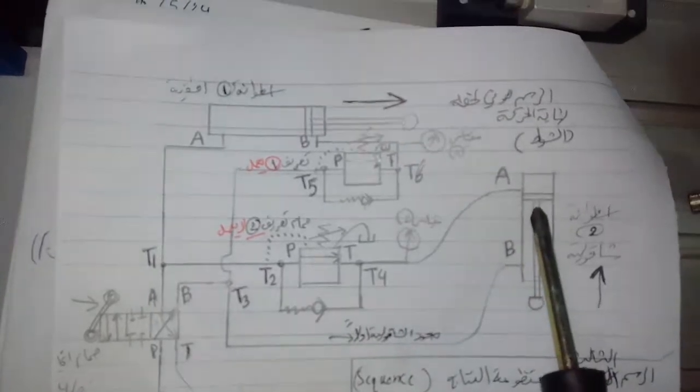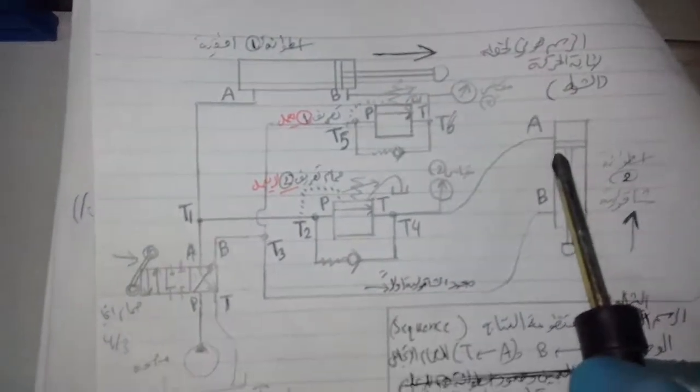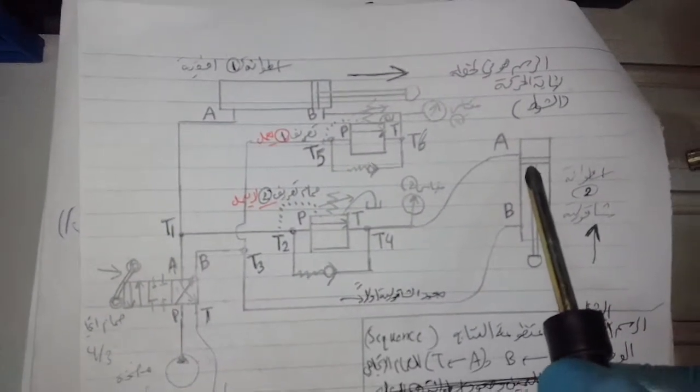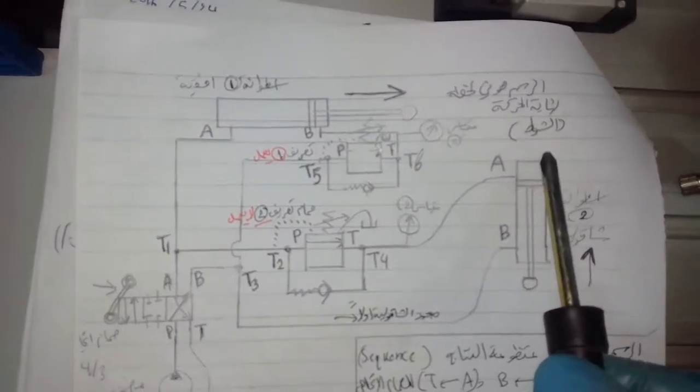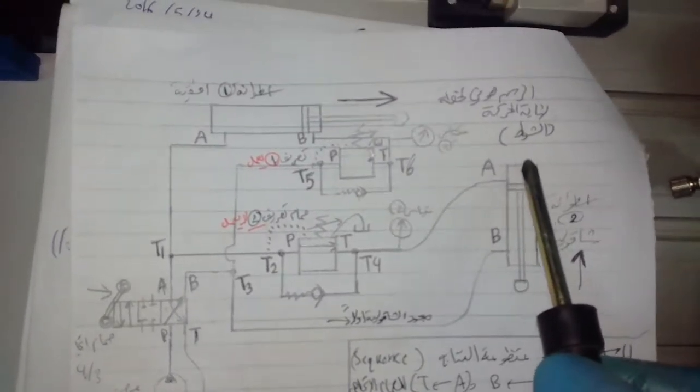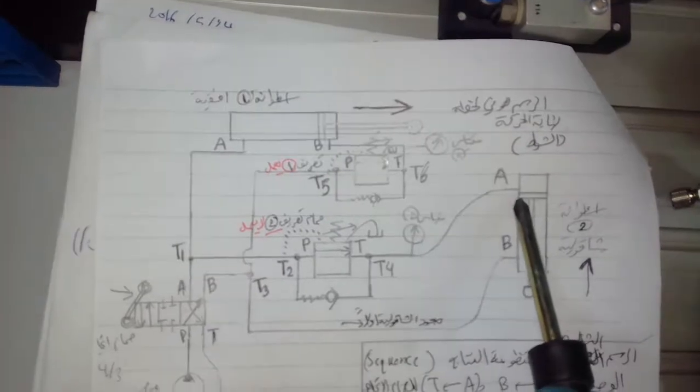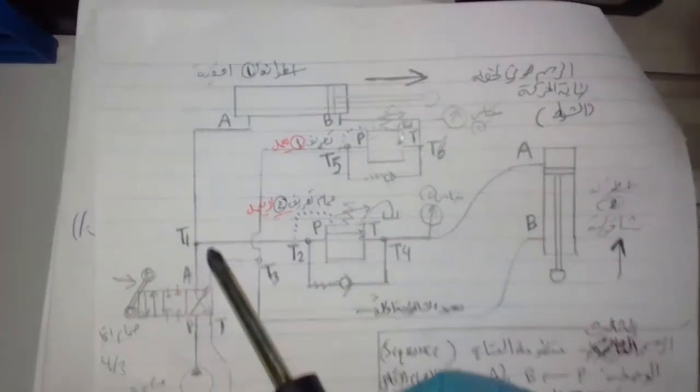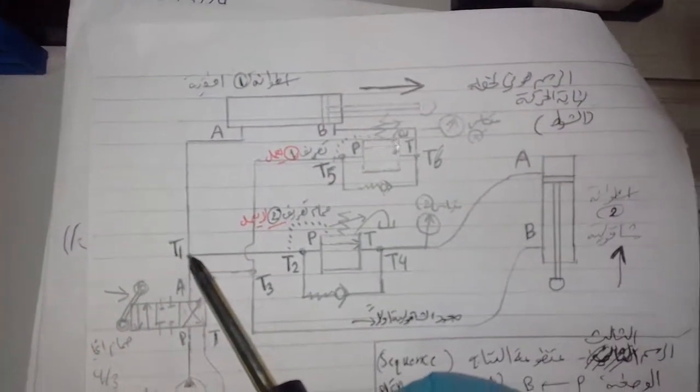At the moment that the piston in the vertical cylinder reaches its peak point, the pressure in T1 would increase to its maximum value.